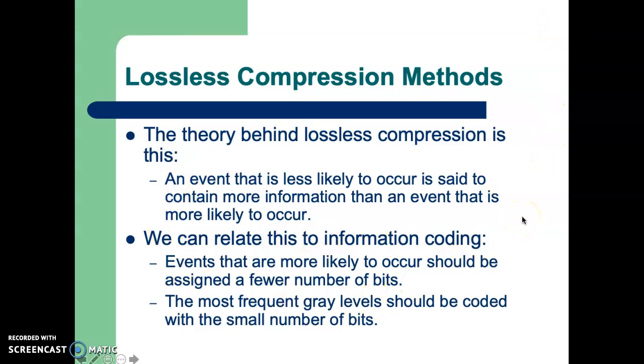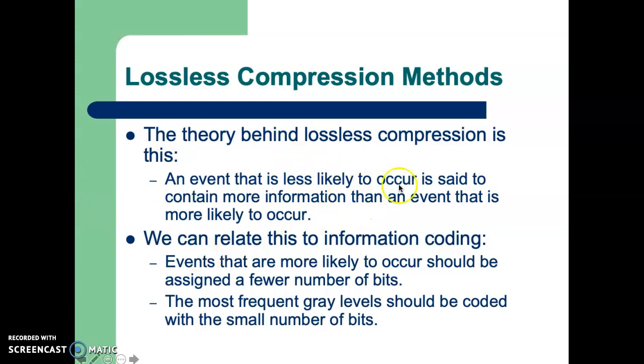So in other words, less likely to occur is the probability. If the probability is high, it means that particular pixel value will occur more in your image. High probability means more times to occur, but less probability means less times to occur.